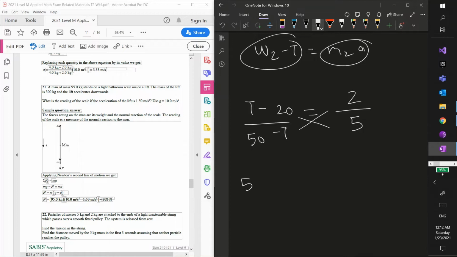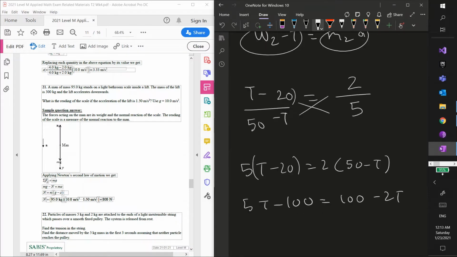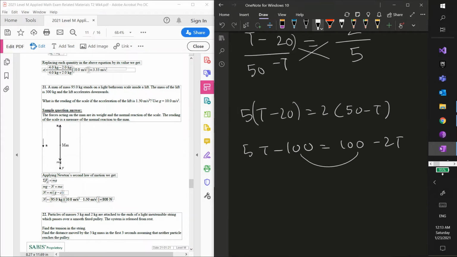Cross multiply: 5 times (T minus 20) equals 2 times (50 minus T). 5T minus 100 equals 100 minus 2T. Take this to the other side, you get 5T plus 2T is equal to 200.